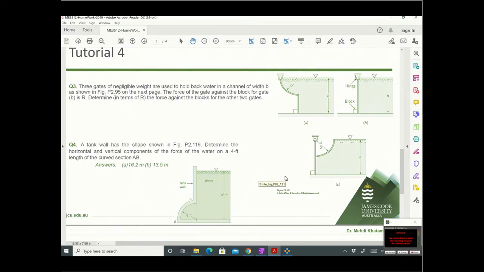The center of pressure: pressure increases gradually, it's a triangle, so it won't be at the center. Good. What about the force from the block? Yes, now you have two forces.